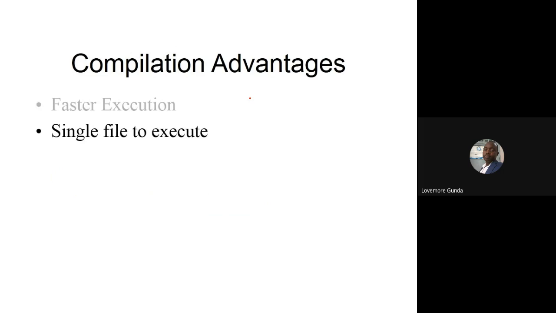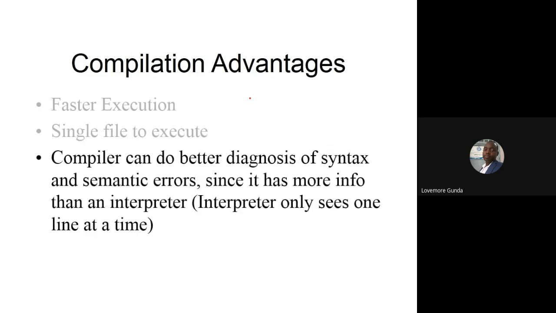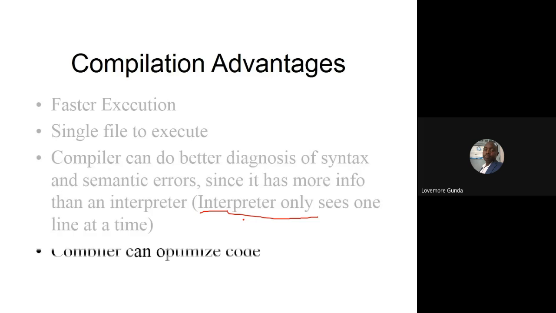Right. So what are the advantages of compiling? It's faster execution, a single file to execute. And the compiler can do better diagnosis of syntax and semantic errors since it has more information than an interpreter. The interpreter only sees one line at a time. So if there's an issue of logic, that might not be easily diagnosed in an interpreter, right?